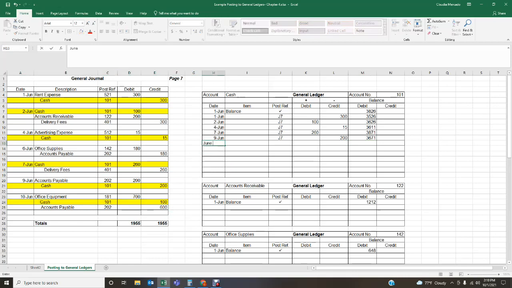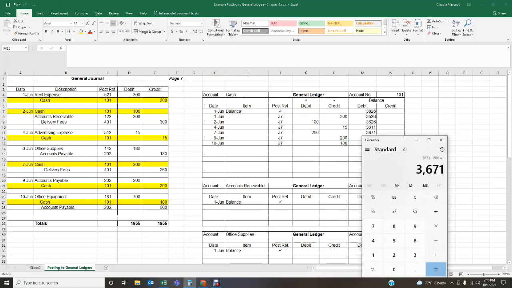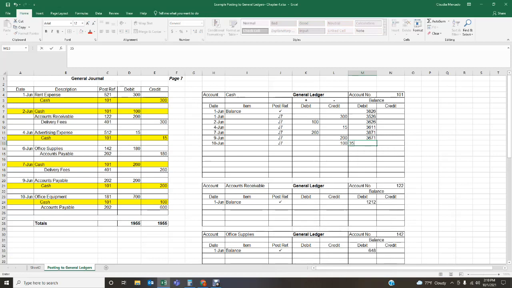This is happening on June the 10th, journal 7. Because it is a credit and this is an asset account, I'm going to subtract. So it'll be $36.71 minus 100. That'll be $35.71. So those are all of my transactions that affected cash.